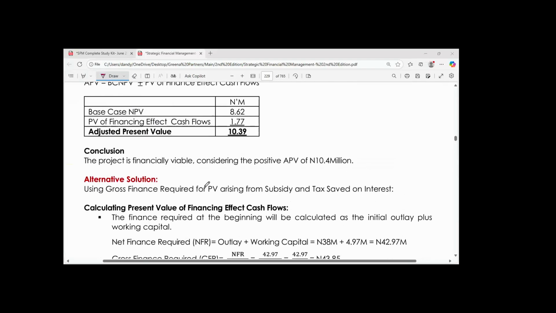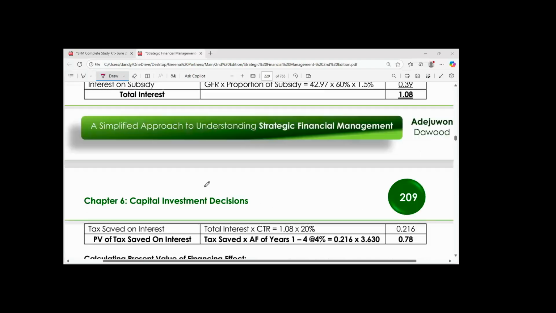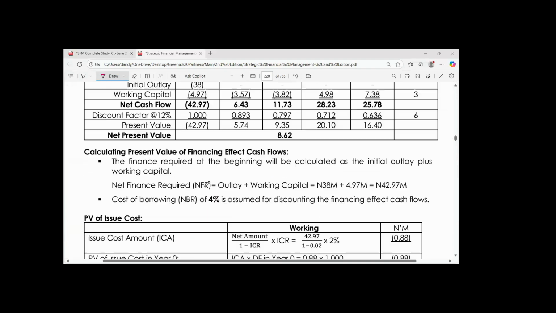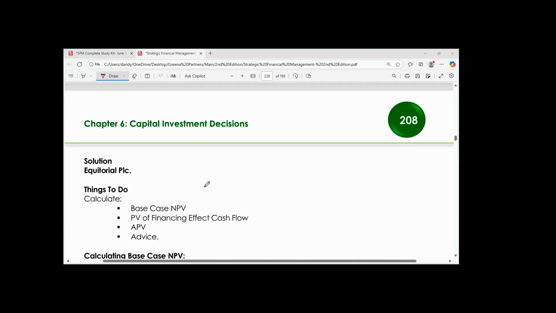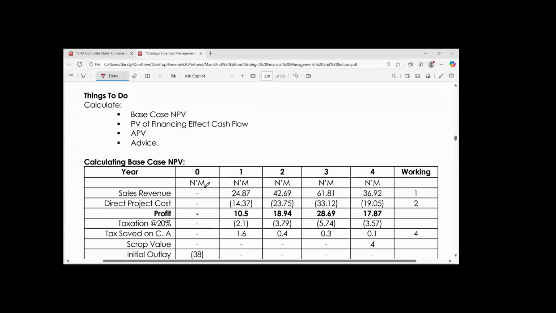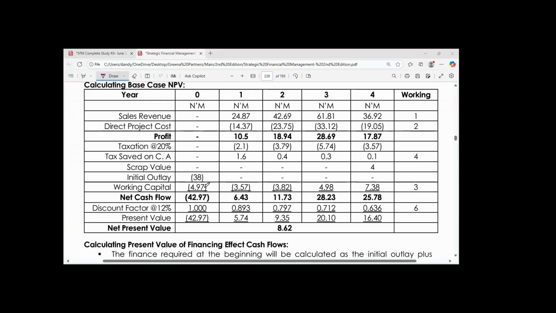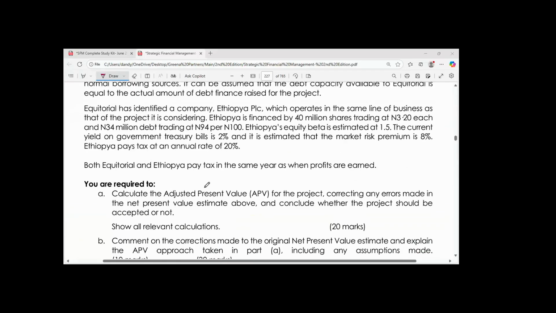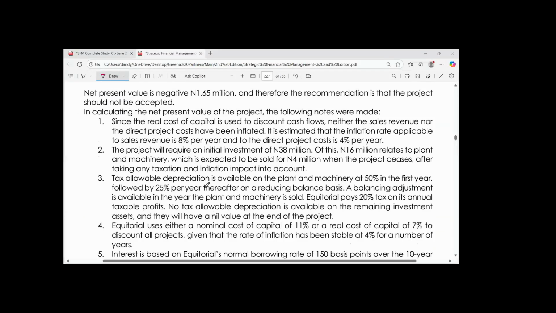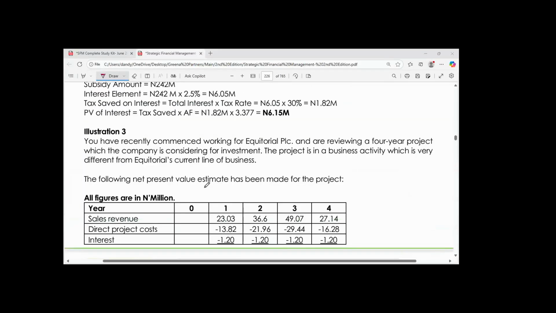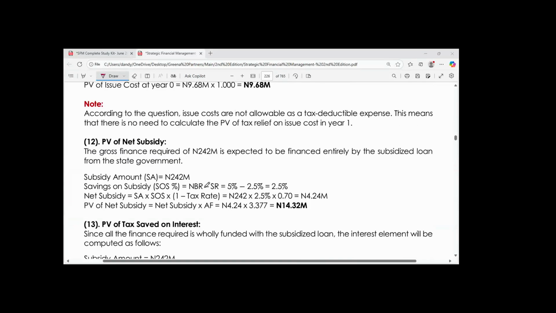But in this material, you have an example of that. So try as much as possible to go through them. How do you treat it when you have debt and equity? I've already explained to you how you are going to treat it, but the application is what you are going to see in the material.